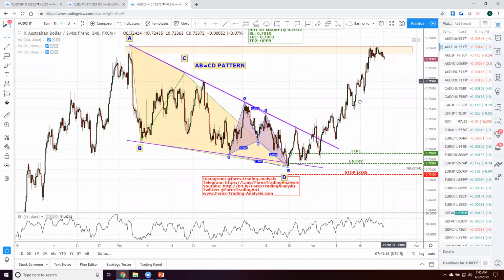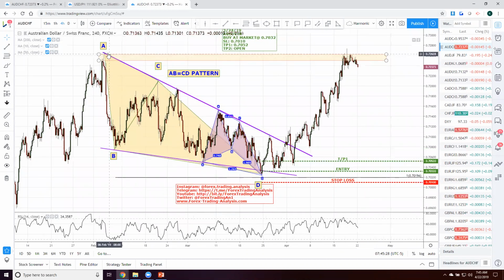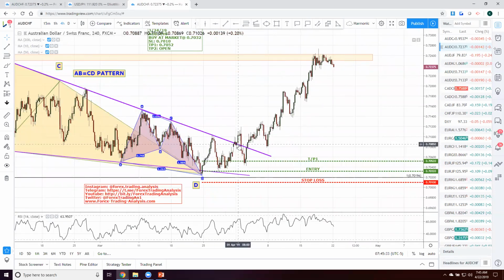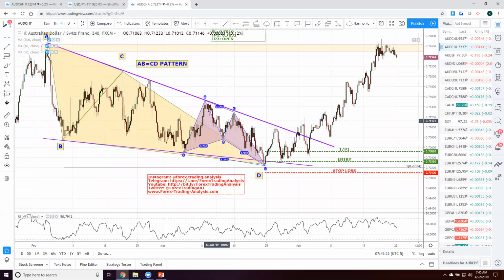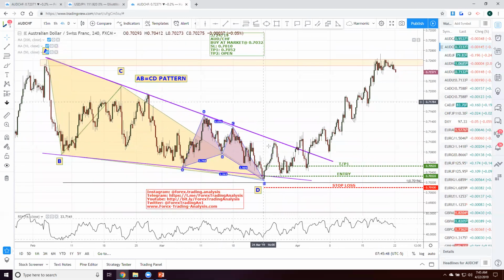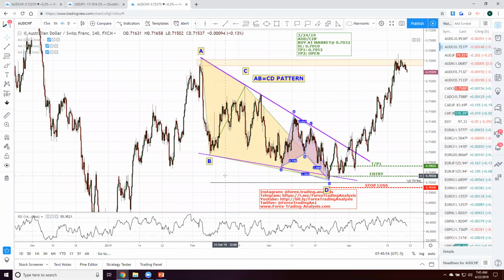We were looking at an AB equals CD pattern that was completing in this area, as well as I forget what type of harmonic pattern this was, but you can see we've got a harmonic pattern, or at least, I'm not sure what it was. But anyways, you can see we were looking at around that same completion area, combined with a trend line, combined with a support area.